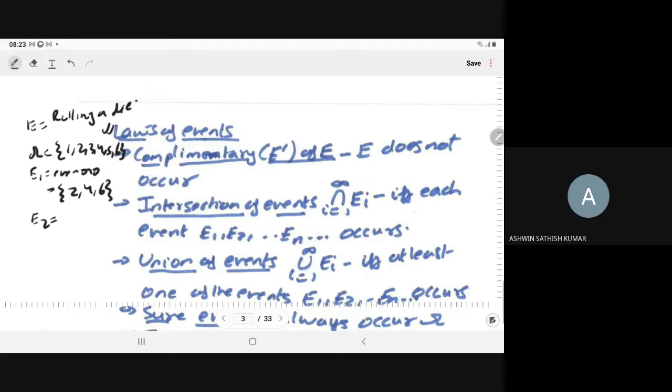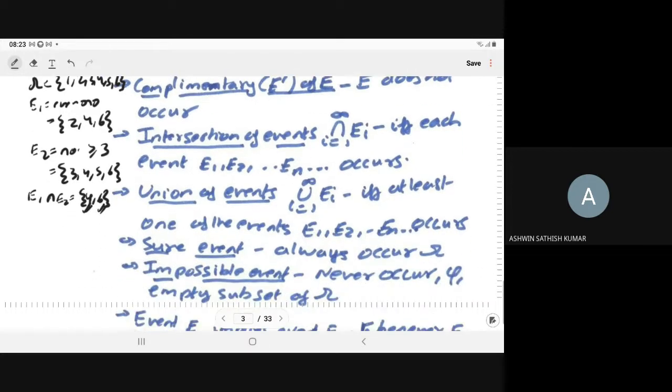Let us define the second event E2 as number greater than or equal to 3, so it will be 3, 4, 5, and 6. If you compute E1 intersection E2, the common points will be 4 and 6. So here you can see both E1 and E2 are occurring. That represents the intersection of events.